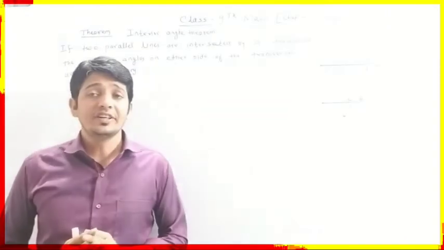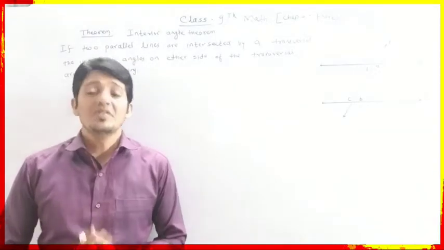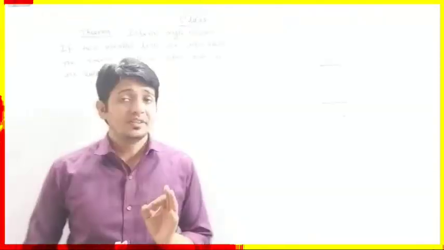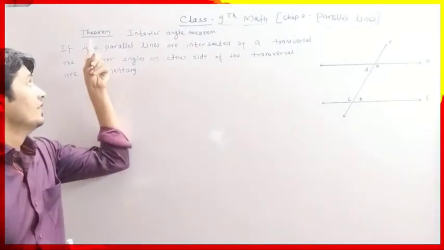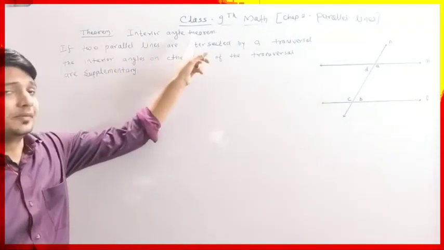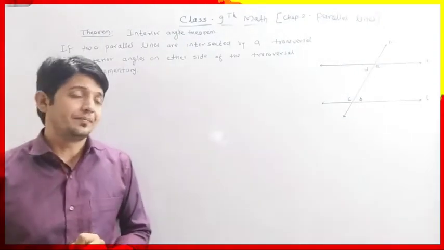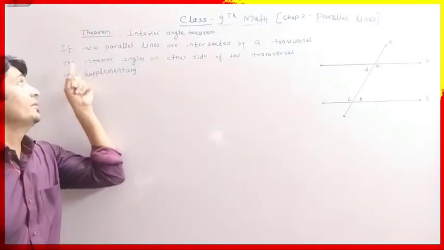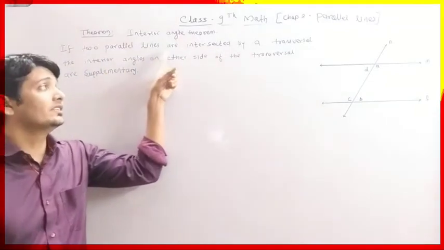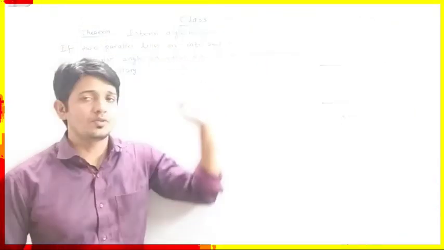Now we will understand the first theorem of this chapter. The name of this theorem is the interior angle theorem. The theorem statement says: if two parallel lines are intersected by a transversal line.